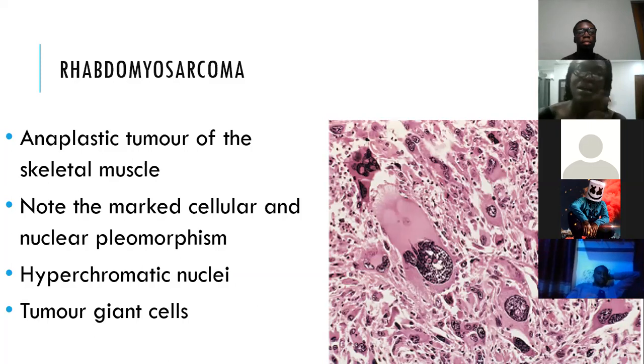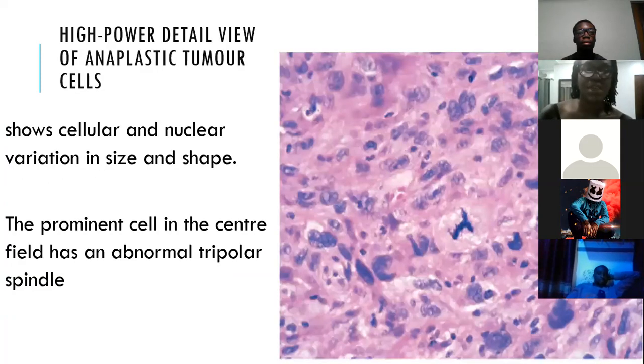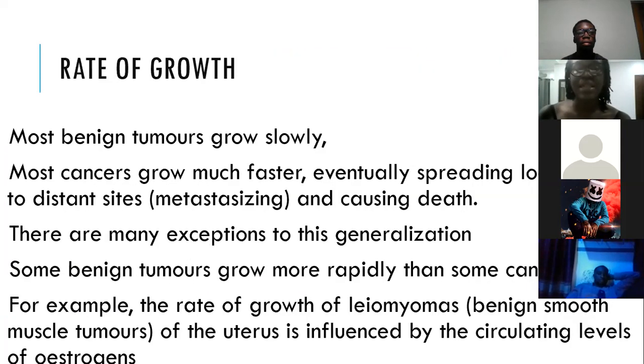But in a benign tumor, the cells are well differentiated. Okay, so these are further examples. Well differentiated cells are found in benign tumors. However, in malignant tumors, you have poorly differentiated cells, what we call anaplastic cells. So you find that in malignant cells.